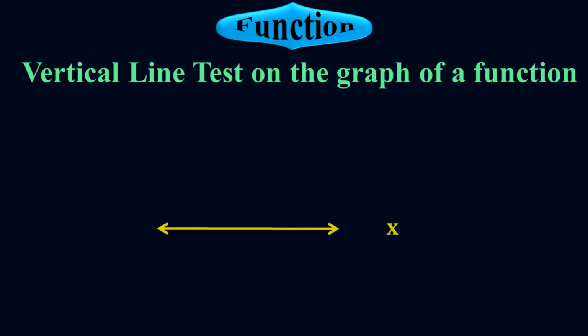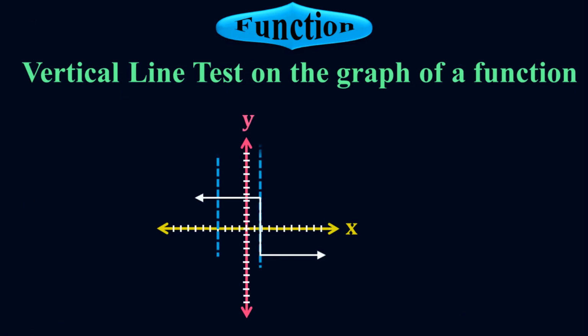But what about if I have another function here? Let me pass the vertical line through different stages. When you look at these stages, the vertical lines are passing through single points. I have no problem here at all. But the problem that I have is here. This line passes through multiple points. It is not a single point.